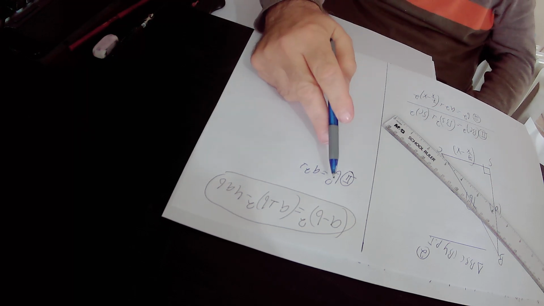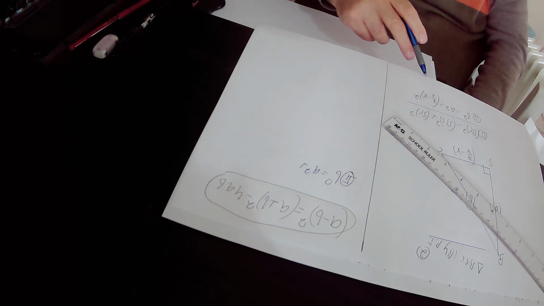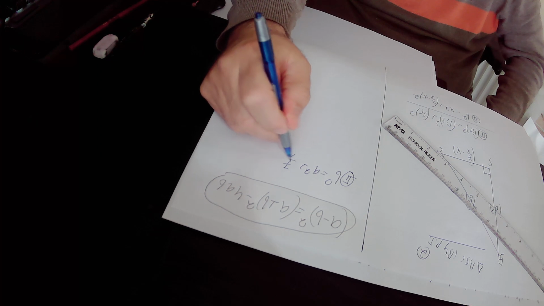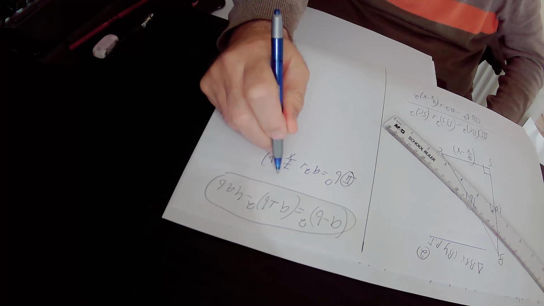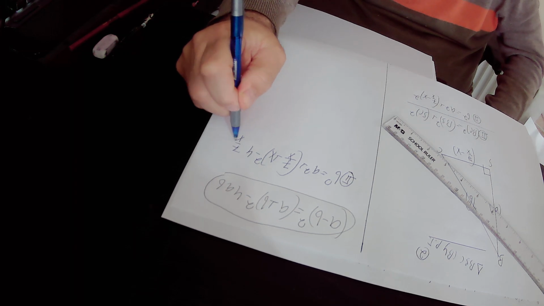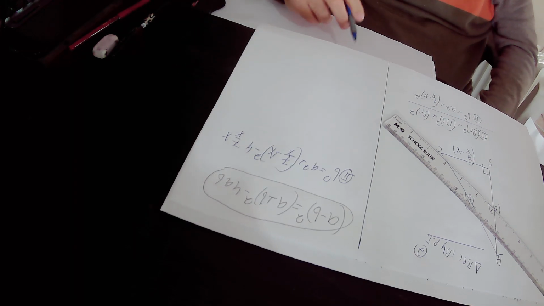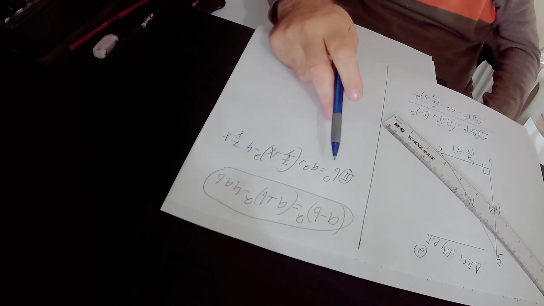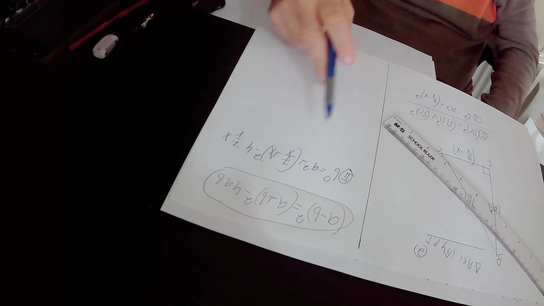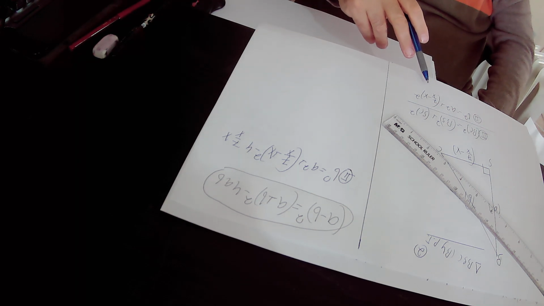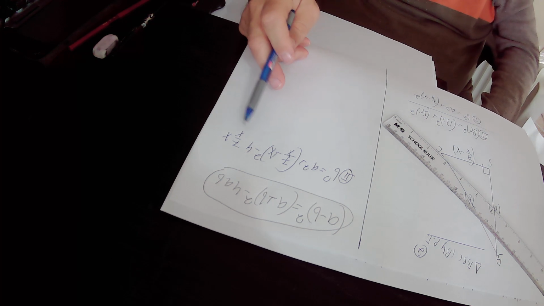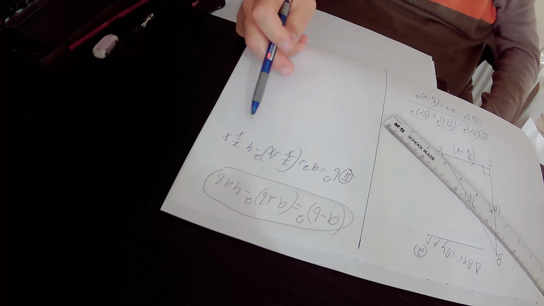According to this algebraic identity, (7 over x minus x) squared will be equal to (7 over x plus x) squared minus 4 times 7 over x times x.